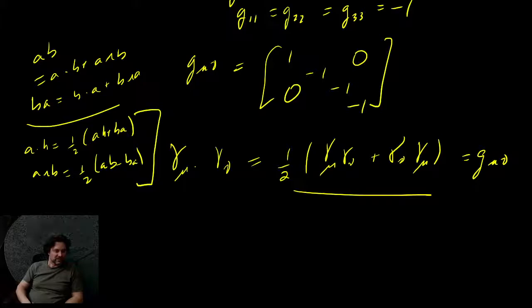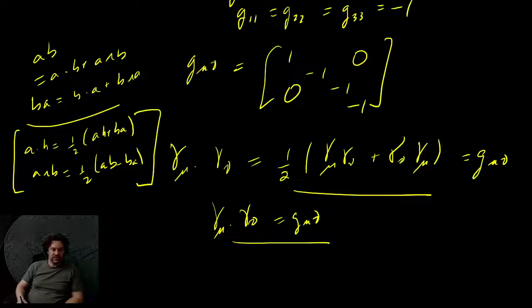This is not a defining property in geometric algebra, but just a consequence of our definitions. And in space-time algebra, we take gamma mu dot gamma nu as g mu nu as our definition of length in this algebra.